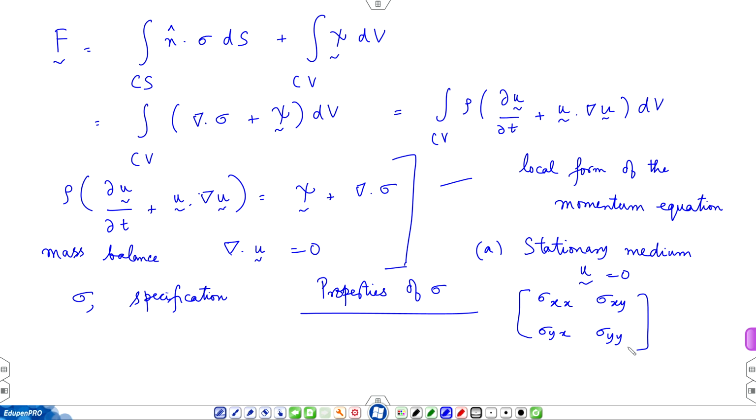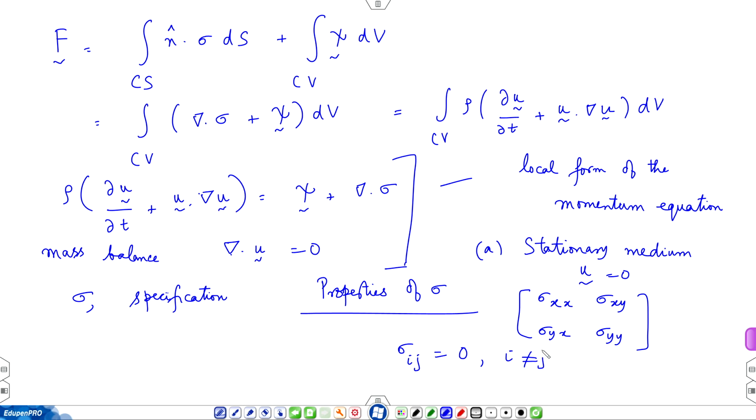So, if it is stationary, I can hear the bells, sigma_xy and sigma_yx are 0. So, this is symbolically written as sigma_ij equal to 0 when i is not equal to j, and when i is equal to j, what is sigma?